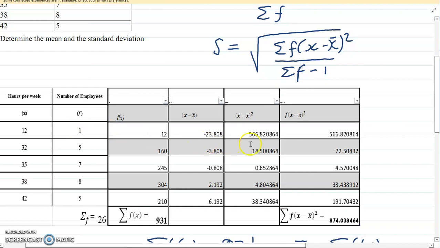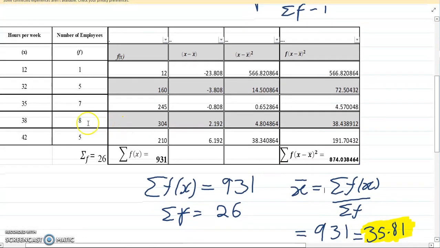So 1 times 566.820864, which gave us the same value. 5 times 14.500864, which gave us this value. 7 times 0.8652864, which gave us this value here. 8 times 4.804864, which gave us that. And when we complete 5 times 38.340864, we get this here.